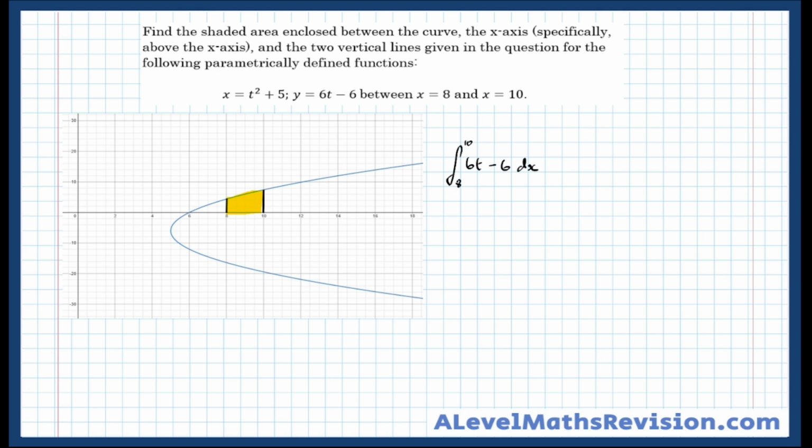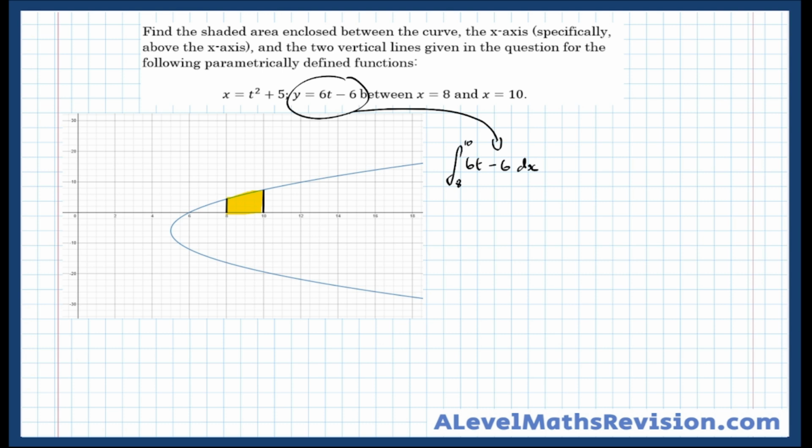So the integral of y dx, there we have it, there's y there. Now, much like an integration by substitution, we're left with a problem because we're being asked to integrate t's with respect to x. We can't do that. So let's now try and find a way of making this say dt. But bear in mind, when we do, just like we did in integration by substitution, we need to change the limits to be t limits as well.